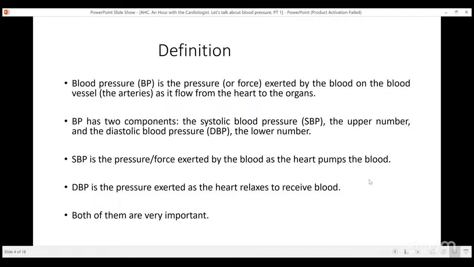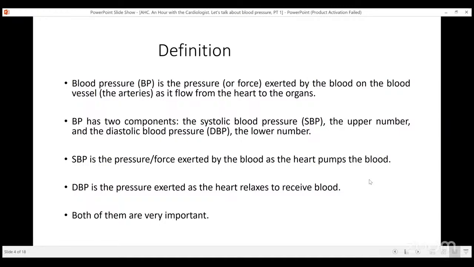All right. So by definition, blood pressure is that pressure or force exerted by the blood on the blood vessels, that is the arteries this time around, as it flows from the heart to the organs.